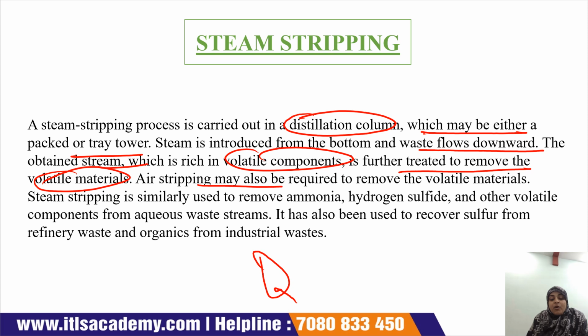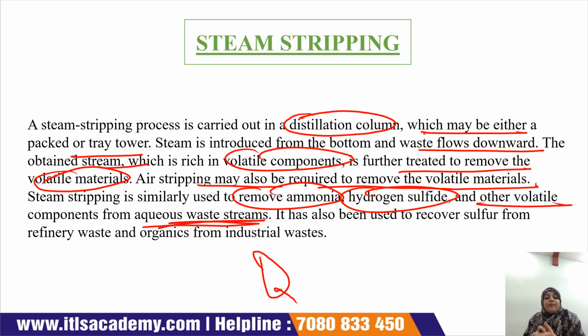Air stripping may also be required to remove the volatile material. Okay, so steam stripping and air stripping both are used for removing the volatile material present in a waste. Now this stripping is very similar, so that it will be used to remove ammonia, hydrogen sulfide and other volatile components from an aqueous waste stream.